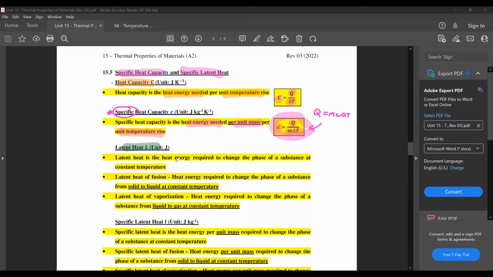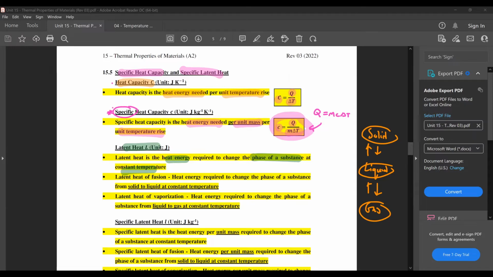Latent heat is just simply the heat energy required to change the phase of a substance at constant temperature. When you're talking about the phase of a substance, you have 3 different phases: solid to liquid, and then liquid to gas. It can also go the other way around, all right? So the thing is that when you change between these 3 different phases, you need heat energy, okay?